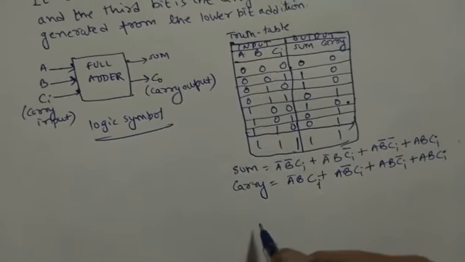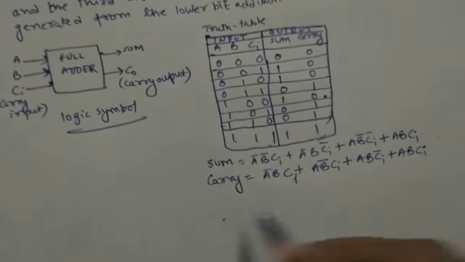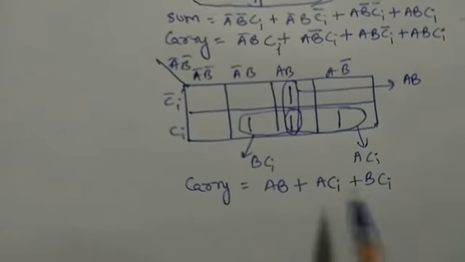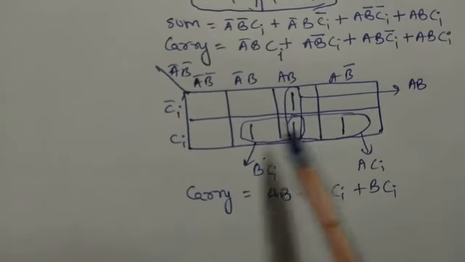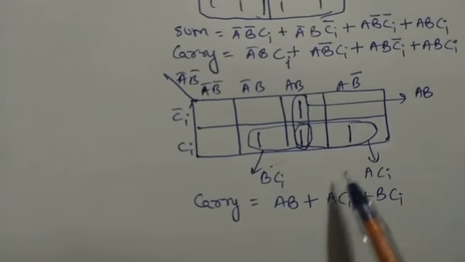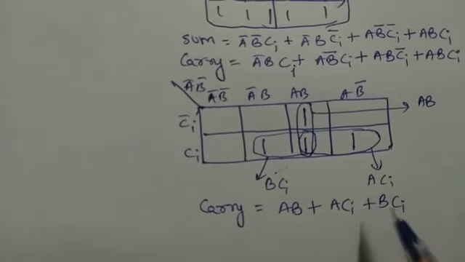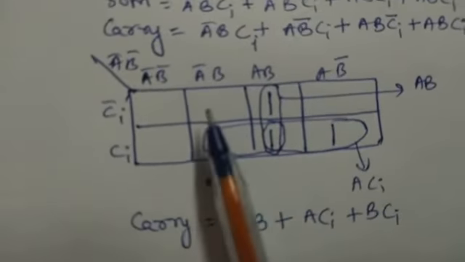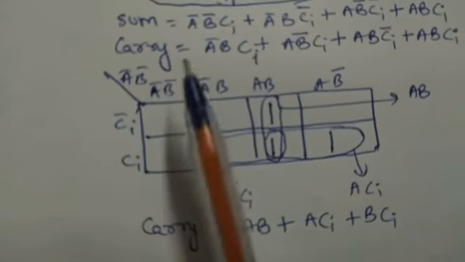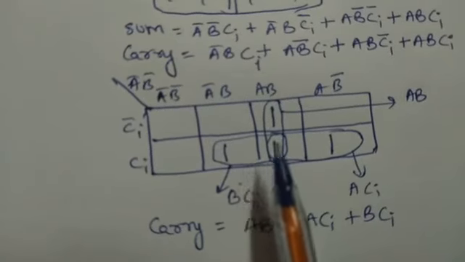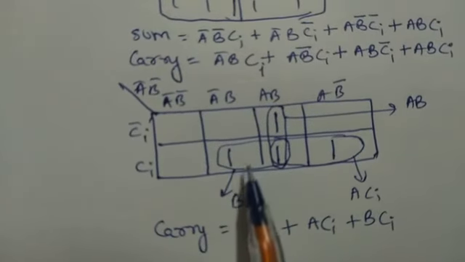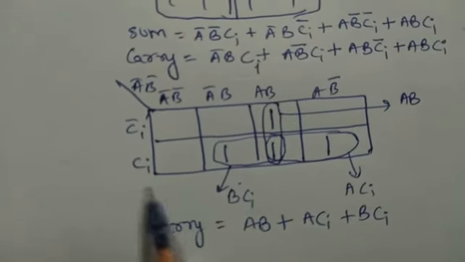Now having a look at this K map, I have already simplified this for you. Here you can see that I have plotted the ones corresponding to the minterms. For A bar B Ci, this one, A bar B Ci.